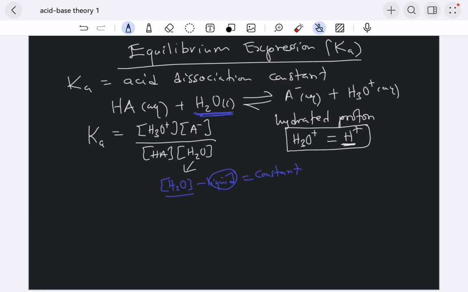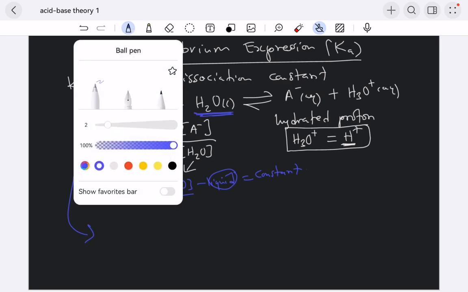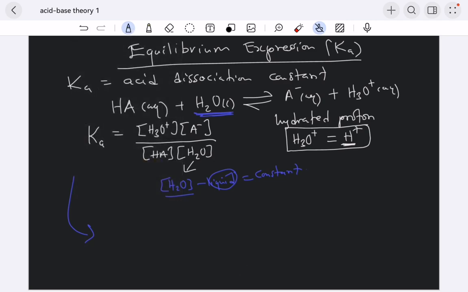So the common way of expressing the Ka that you're going to find in most books is that Ka is represented as, remember H3O positive is substituted by the H positive, then the conjugate base, then the acid. So we do not include the H2O.